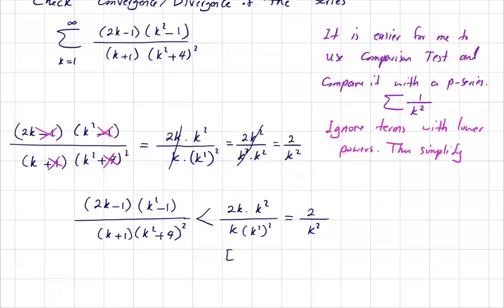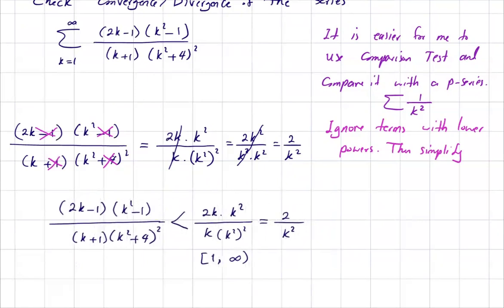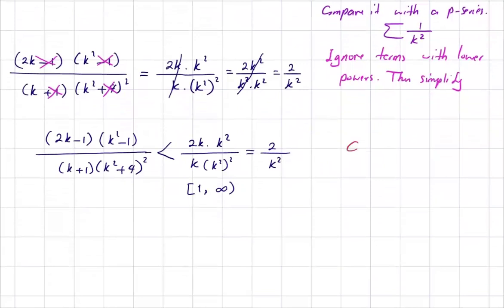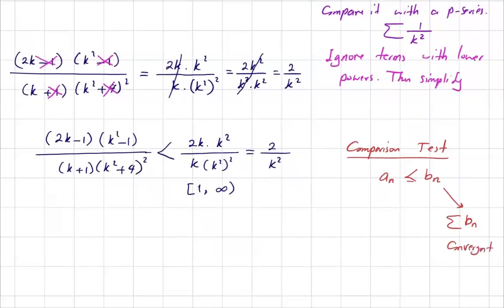For every k on the domain 1 to positive infinity, this is always true. So let us go back to comparison test. Comparison test tells me if I have an less than or equal to bn, and if the larger series is convergent, then the smaller series is convergent as well.